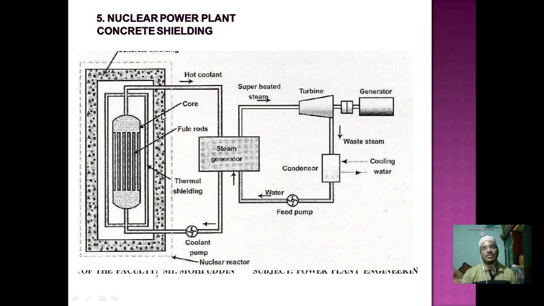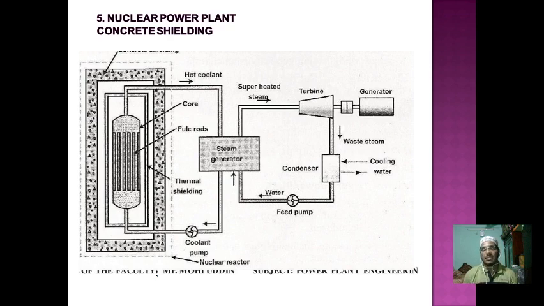The main purpose of the coolant is to reduce the heat energy from the cylinder or from the engine side, to control the heat energy so that it becomes cool. That's why we use it in the radiator in the automobile sector. Like this, here we are using thermal shielding, and in that thermal shielding, coolant is there. After that, the steam generator is there.